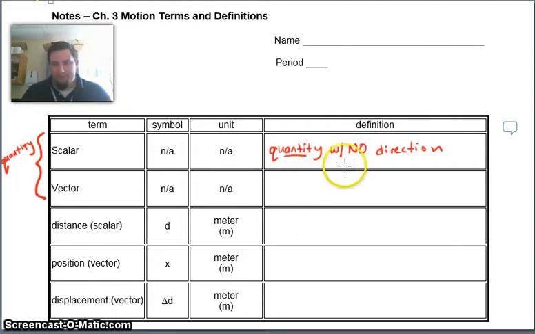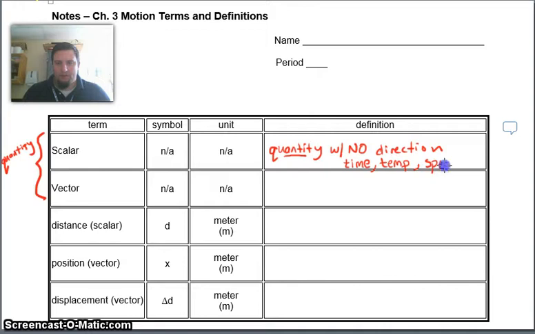Some examples would be time. It's a number with no direction. We don't say 5 seconds back or 5 seconds to the right. That doesn't make any sense. Temperature is another example. 25 degrees Celsius to the left doesn't make sense.